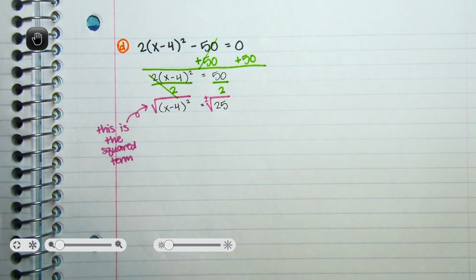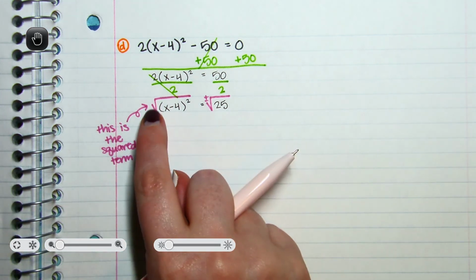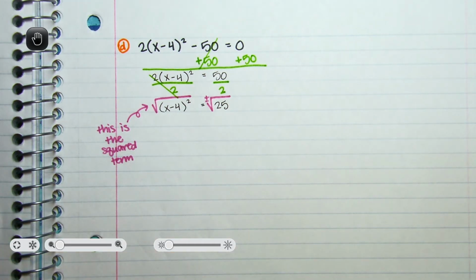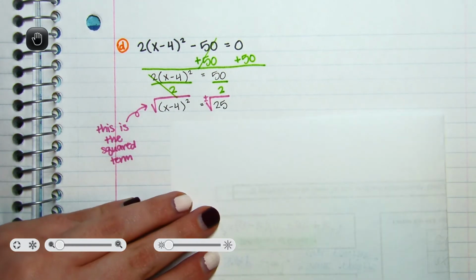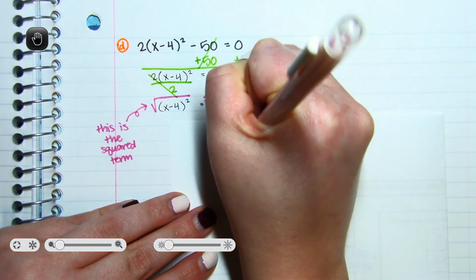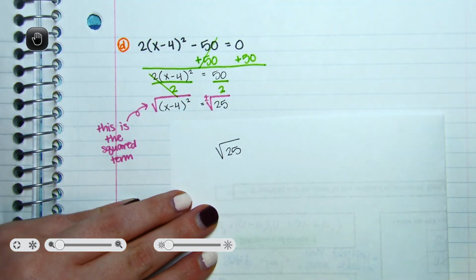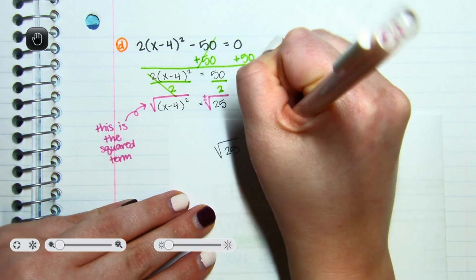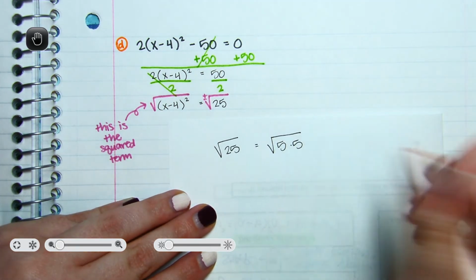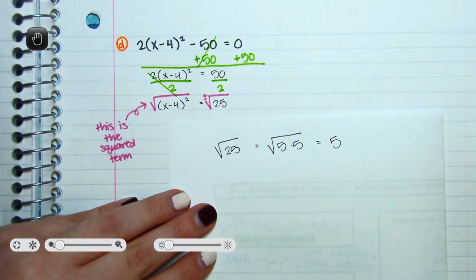Alrighty, so if we take the square root of this squared, the reason why we can cancel that out is because, for example, looking at the square root of 25, we know that that's 5, but what this is actually saying is the square root of 5 times 5. We have 2 of them, which means 1 can come out.